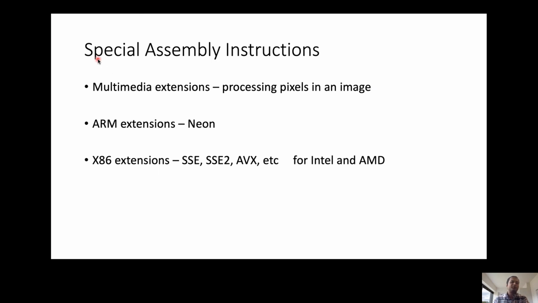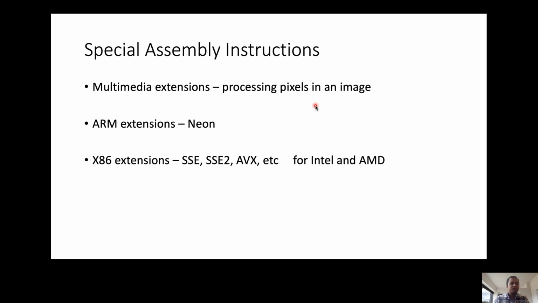All right, so let's now talk about special assembly instructions. You can use these special instructions, these intrinsics or vector instructions, in processing images. Image processing takes a lot of time, so if you can speed that up, you get the benefit and you don't have to wait.